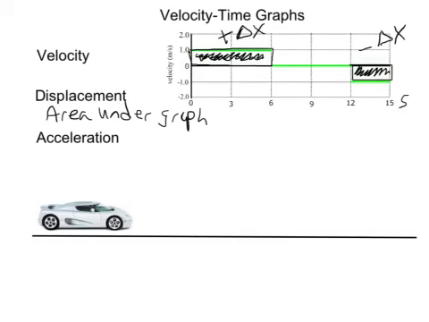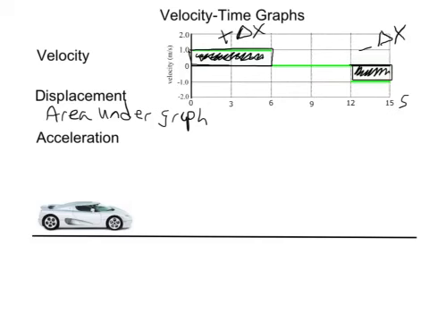Okay. And another thing to get from a velocity time graph is acceleration. When we look at this line, these are straight horizontal lines telling us that this is a constant velocity. So when we have a straight horizontal line on a velocity time graph, that's zero acceleration.